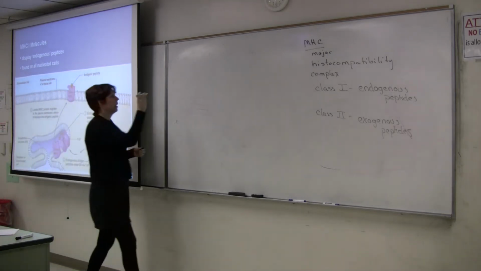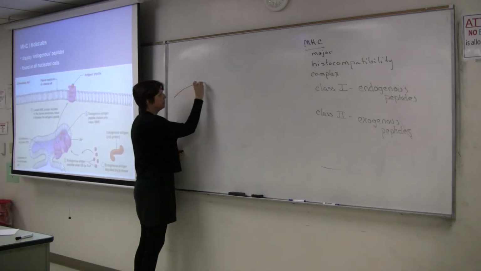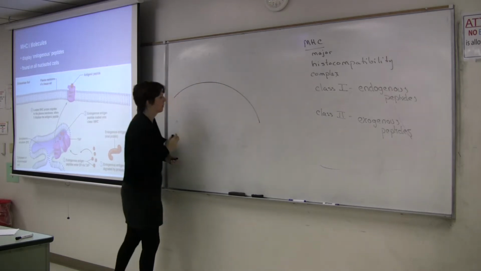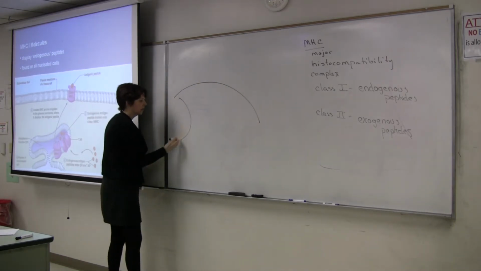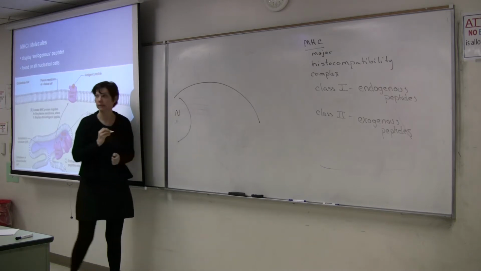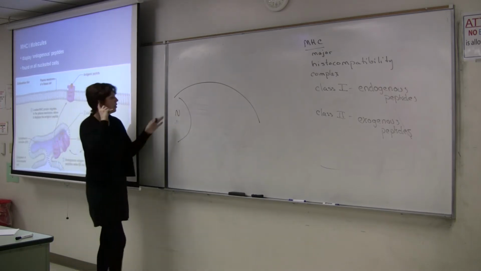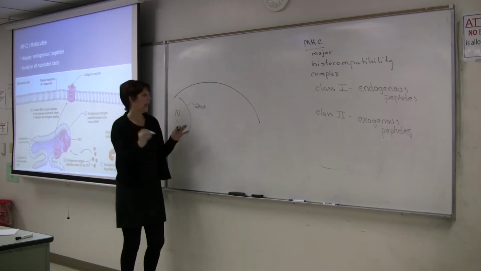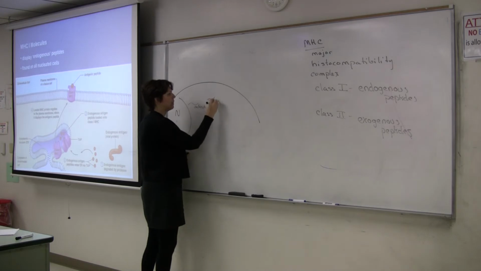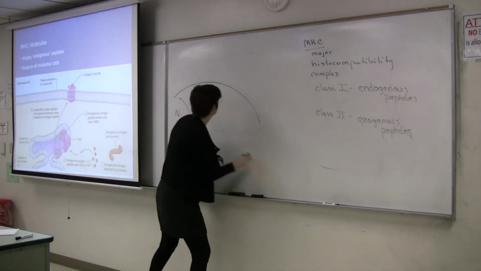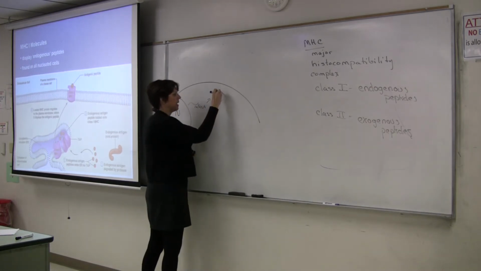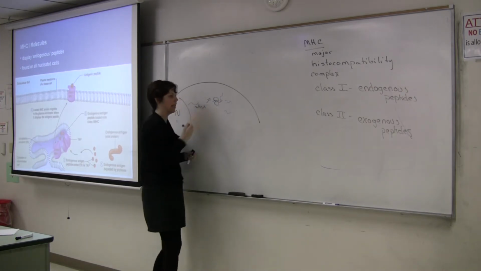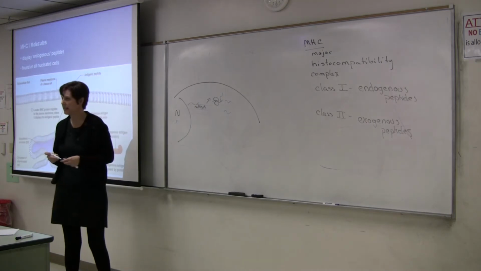So, here is our cell, and here is the nucleus. The nucleus puts out messenger RNA, and that can go to a ribosome, and new proteins can be made that are found within the cytoplasm of the cell itself.